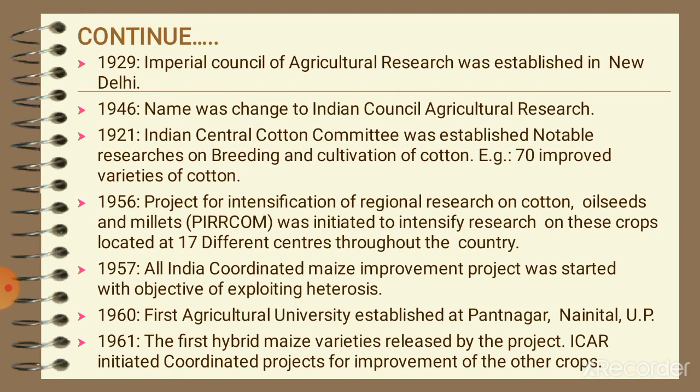In 1957, the All India Coordinated Maize Improvement Project was started with the objective of exploiting heterosis. In 1960, the first agricultural university was established at Pantnagar, Nainital, UP.